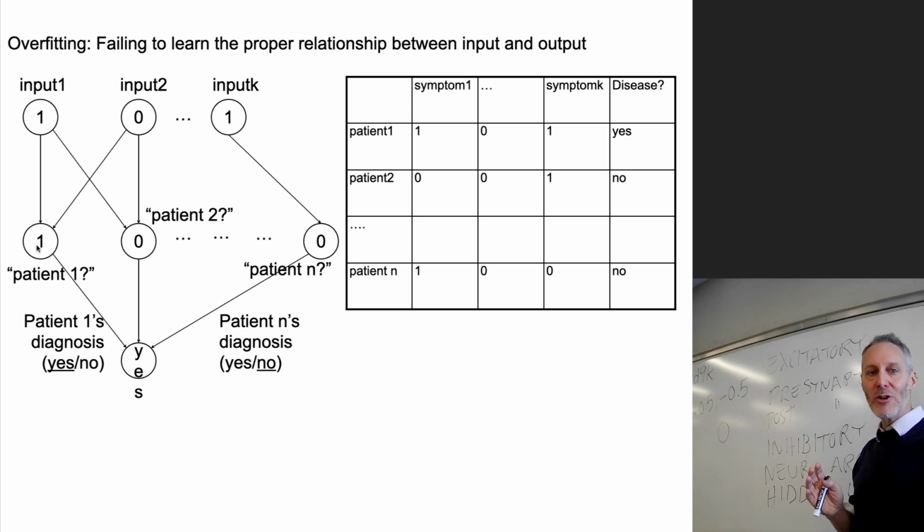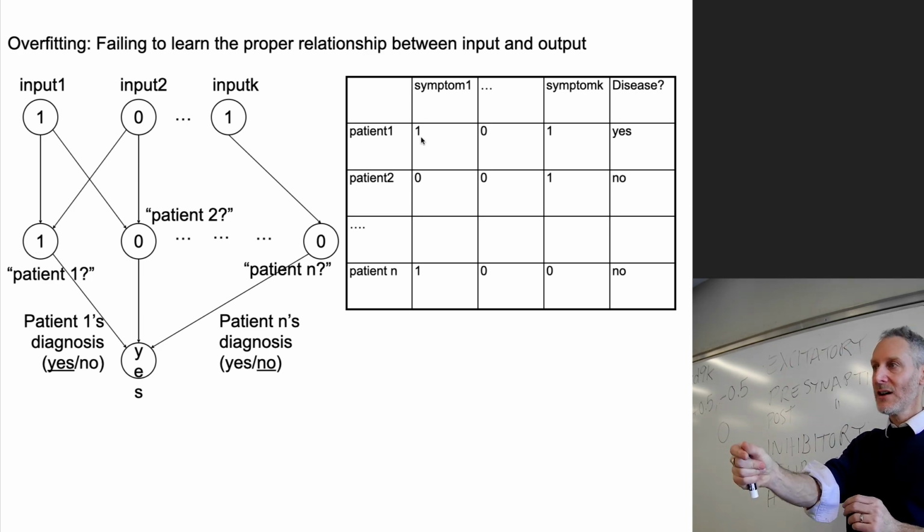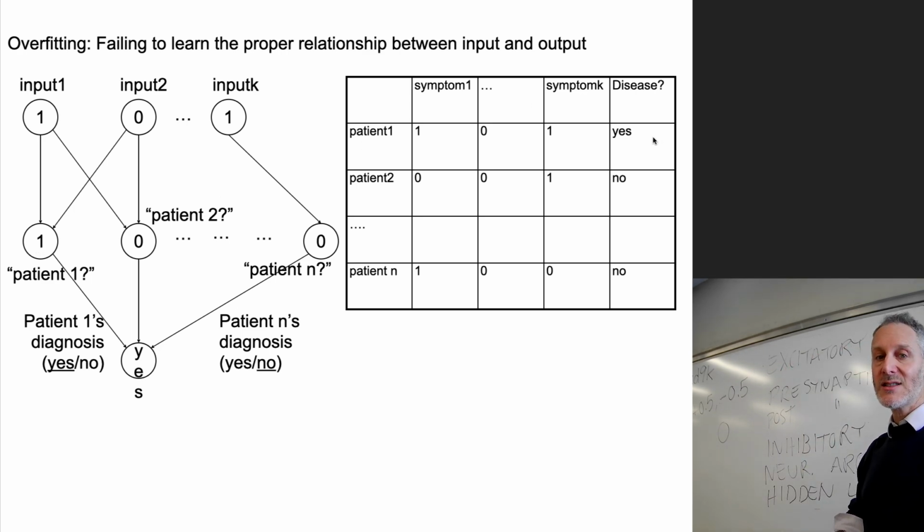It says, whenever I see this set of symptoms, I say there is the disease because patient 1 had the disease. In parallel, hidden neuron 2 memorizes the symptoms of patient 2 and sets this synaptic weight so that it outputs the disease of patient 2. It's memorizing every patient that passes through the ER department.